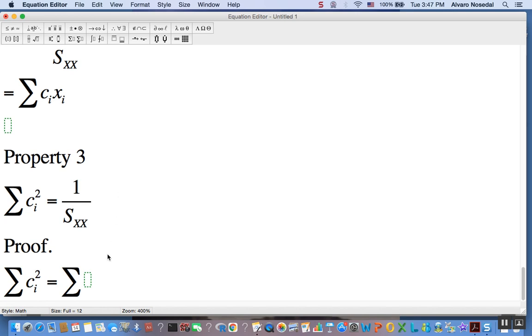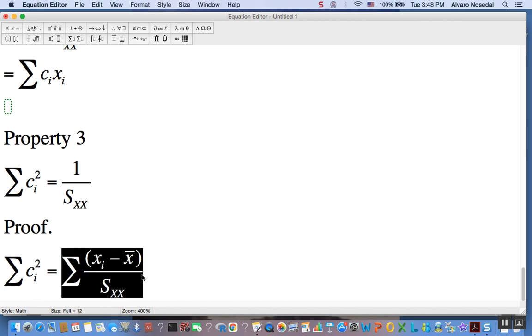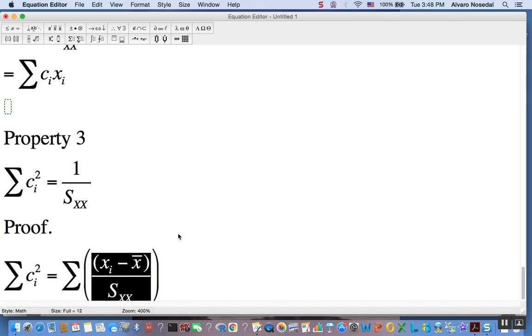So let me write that down: xi minus x bar over sxx, but that's a ci and we want to have ci's squared.